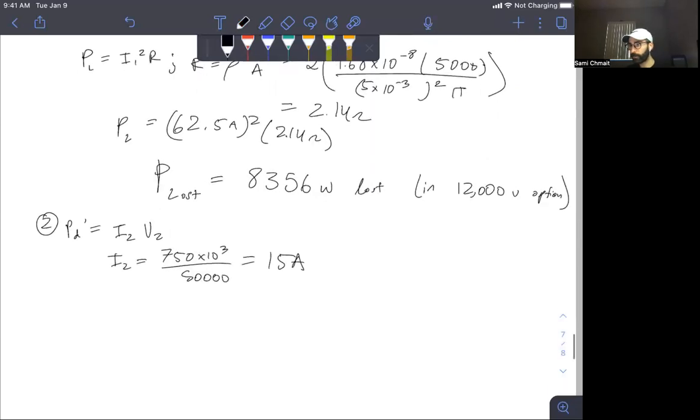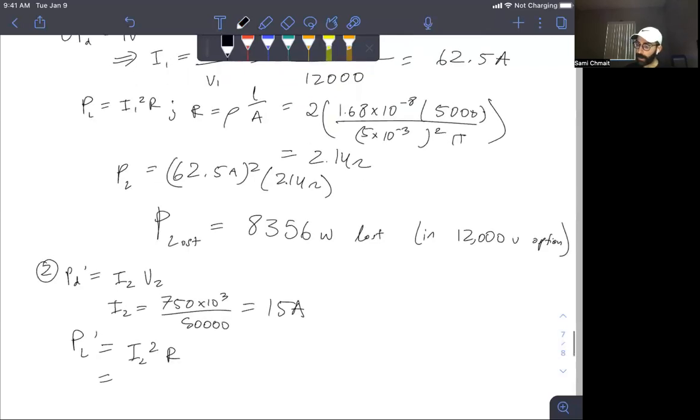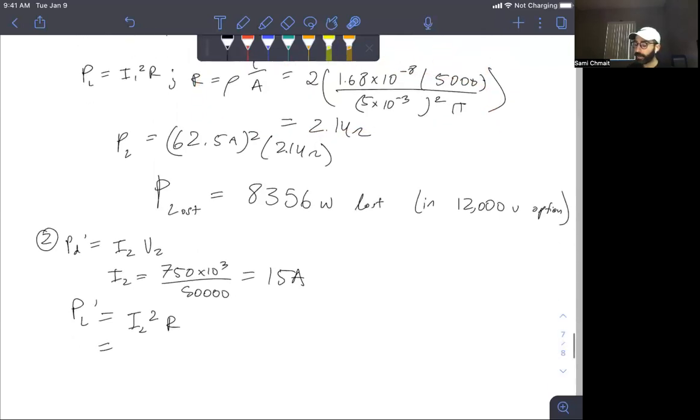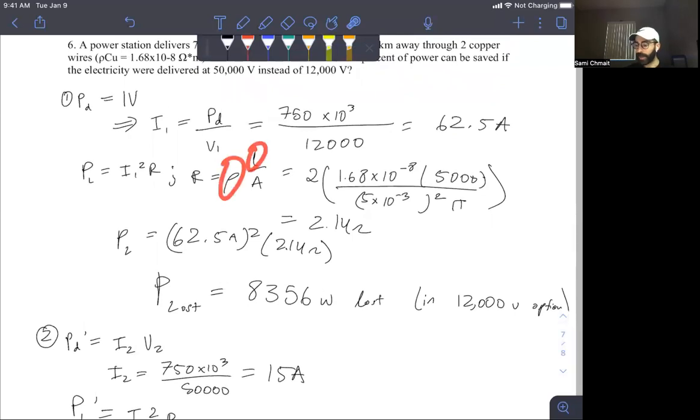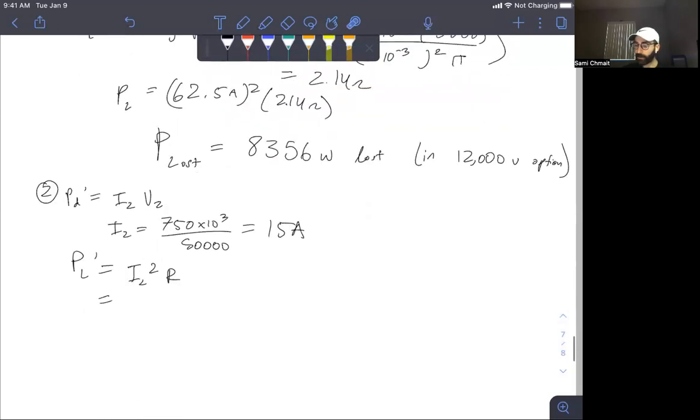That's the current there. And then we can do the same logic, find P loss prime, which is again that 50,000 volt scenario. And we can say I2 squared times R. And instead of calculating R again, like we did right here, we know that it's the same wires, right? Nothing about the resistivity, the length, nor the area has changed. So we can plug in that same R we found, except just using that correction for the current.